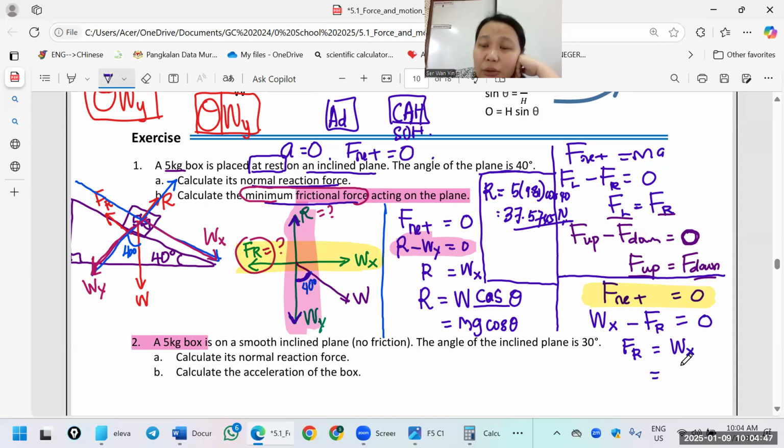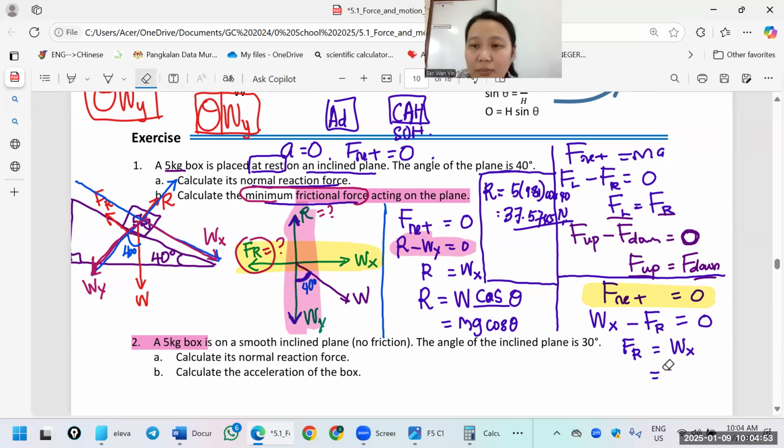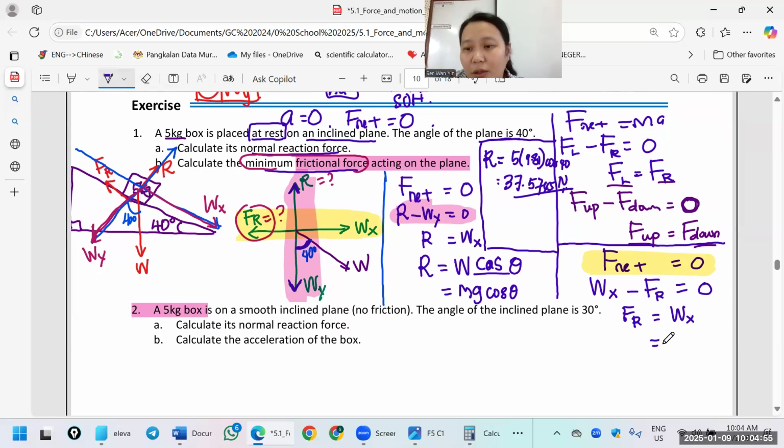So how to get Wx? That is original force, mg, sine or cos theta. What do you think? Sine. Yeah, congratulations.